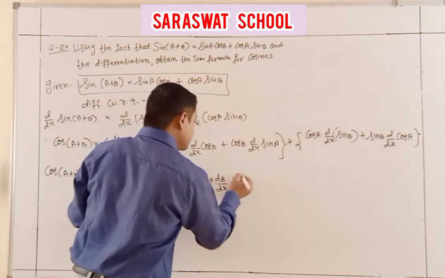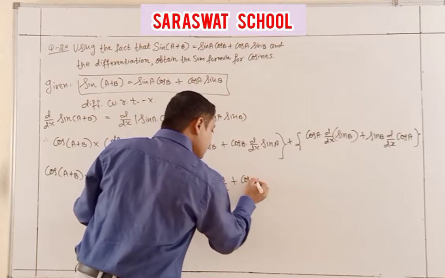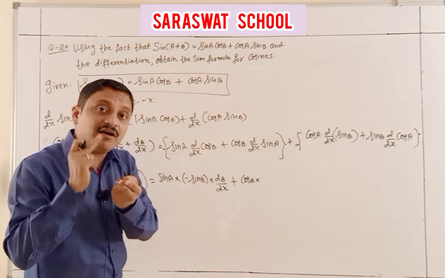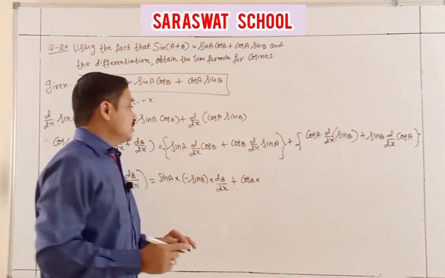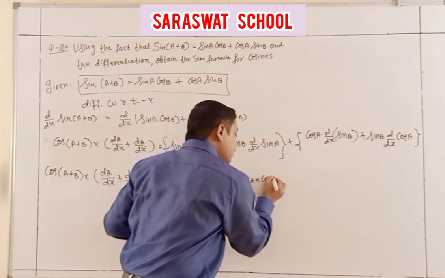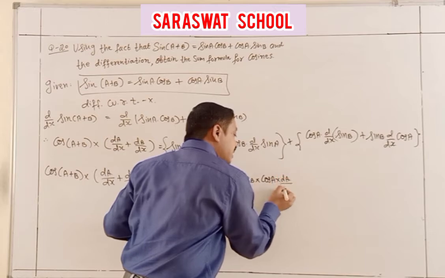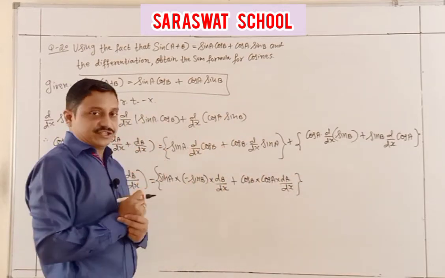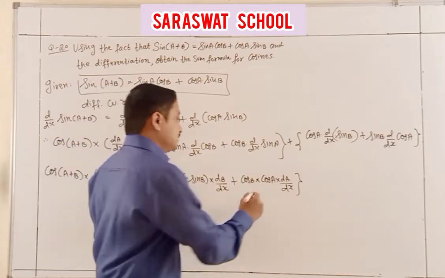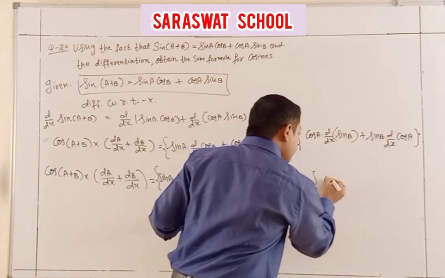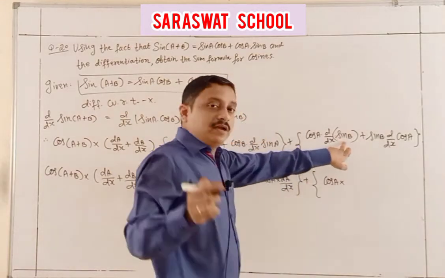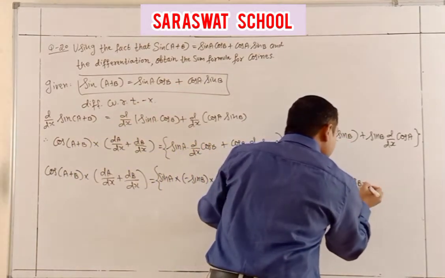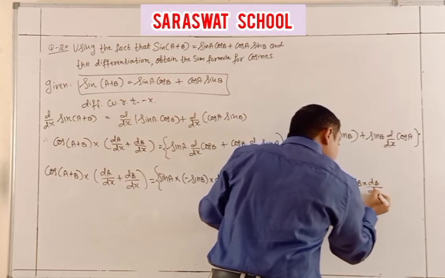Yes, same as cos B. Now the derivative of sin A first, the sine derivative, and then after that the derivative of A. So the derivative of sin A is cos A, and for A I have dA/dx. Yes, students, this case is first, same as cos A. Now what is the derivative of sin B with respect to x? It is cos B, and dB/dx is the same.